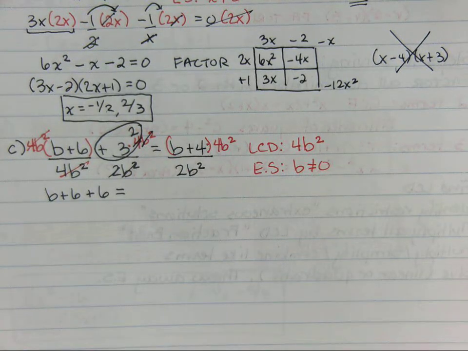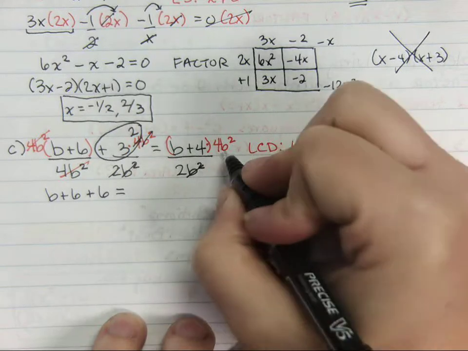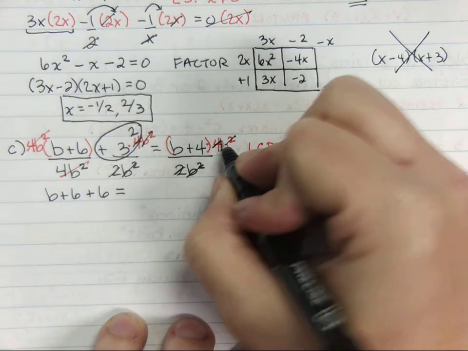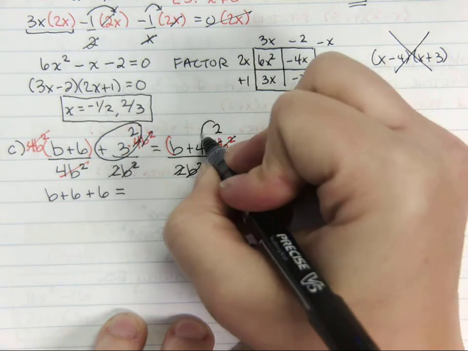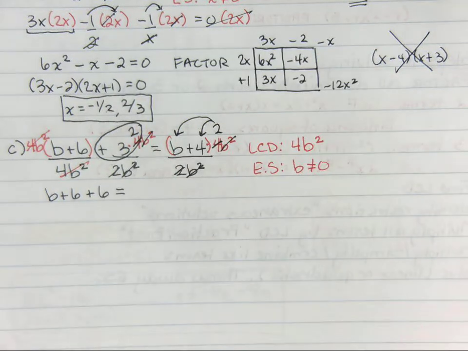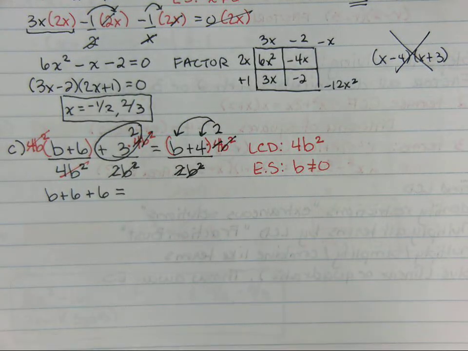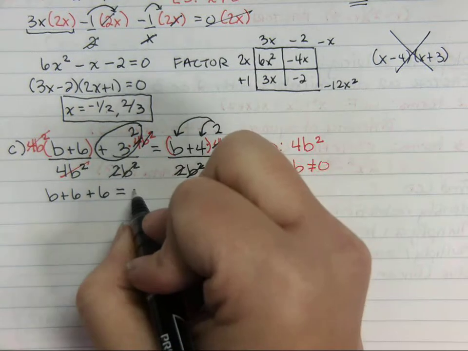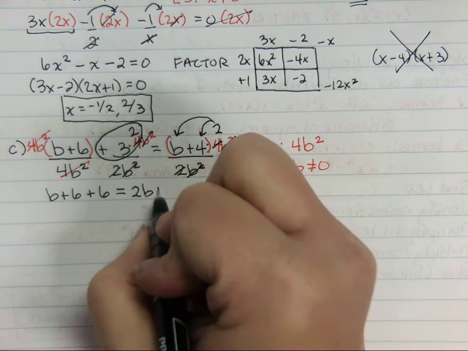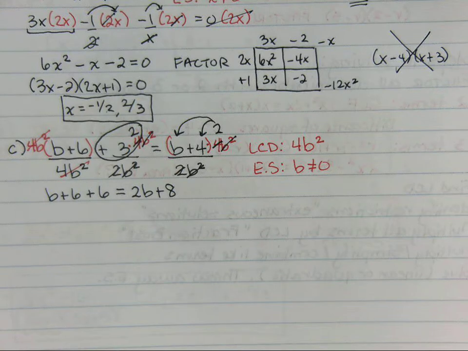Same thing on the other side. The b squareds disappear, but 2 goes into 4 twice. And now I need to distribute that 2 to both terms. That's why you want to make sure you put parentheses around all the terms in the numerator, because on the right hand side, if you don't, you won't get the 2b plus 8. You have to be able to have that as a bigger factor.